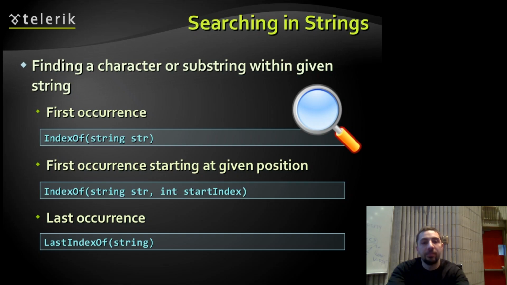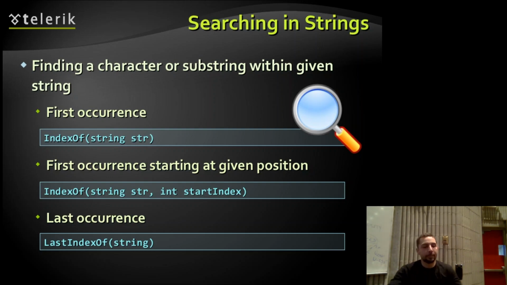First off, there's the option to give a starting index. So we can say, okay, I don't want you to start at index 0, I want you to start at index 6. In which case it would return some number. I'm not going to count out those characters. Or we can start at the reverse. We can start at the end of the list and work our way backwards to find the last index of.